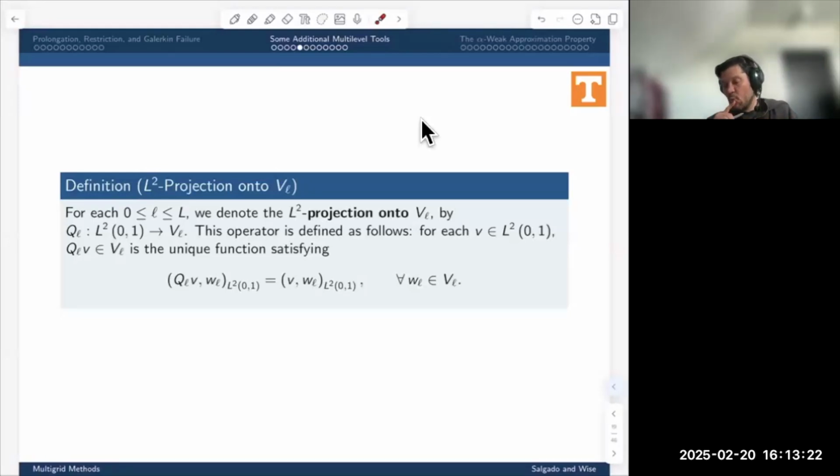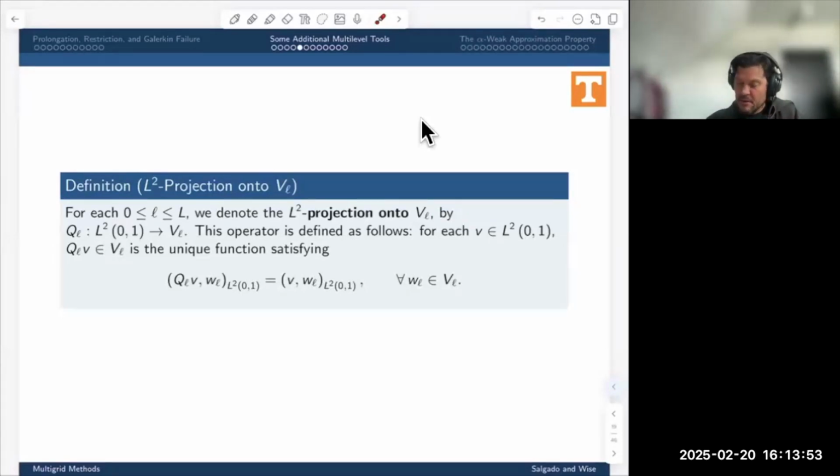Now, there are lots of ways we can define an L2 projection. Basically, by that, there are lots of ways we can pick our finite dimensional subspace of L2. We could even do this, I guess, and I'll have to remind myself if this is true later, project into another infinite dimensional subspace.